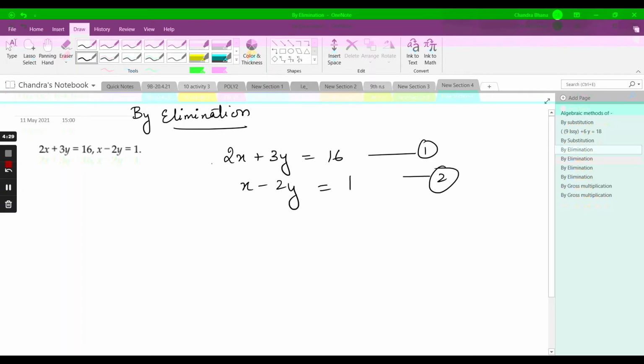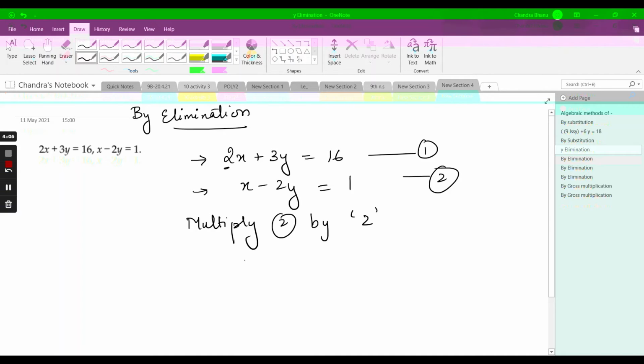Now you can see here that in the first equation the coefficient of x is 2 and here it is nothing, means it is 1. So I can make the coefficient of both of them the same by multiplying with 2. So what am I doing? I am multiplying the second equation by 2.